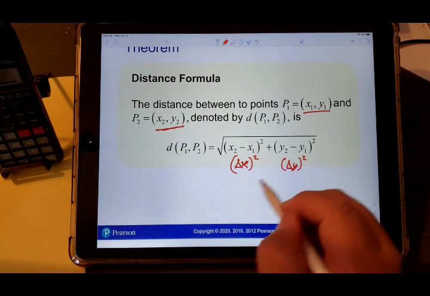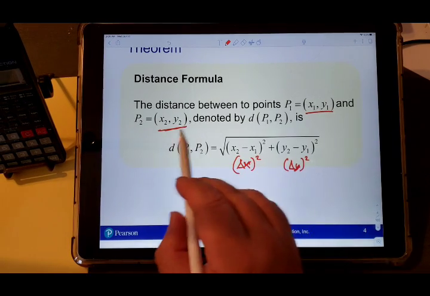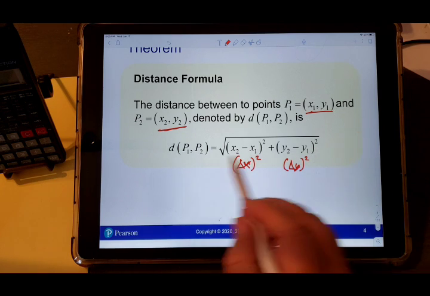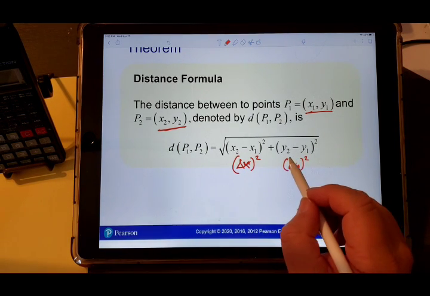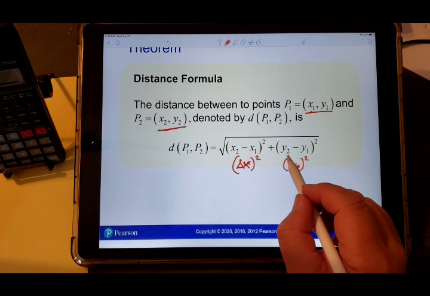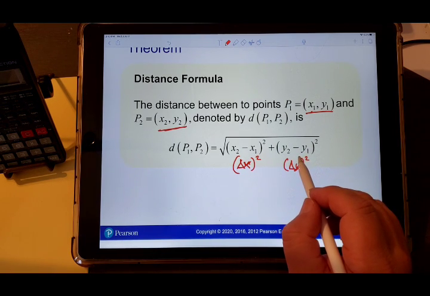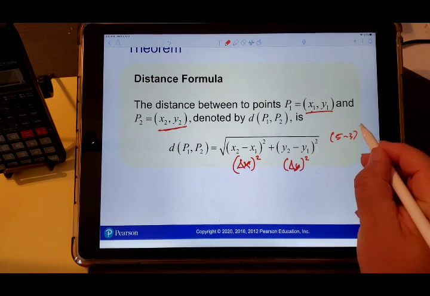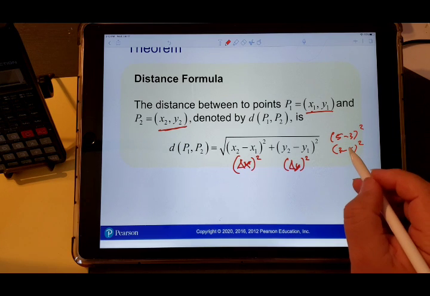All right. So if you have the change in the x value, square that, change in the y values and square that, you'll get the distance formula. By the way, it's almost always written this way with the y2 minus y1. And here's a tip. It doesn't matter if you had 5 minus 3 and squared it, versus 3 minus 5 and squared it.